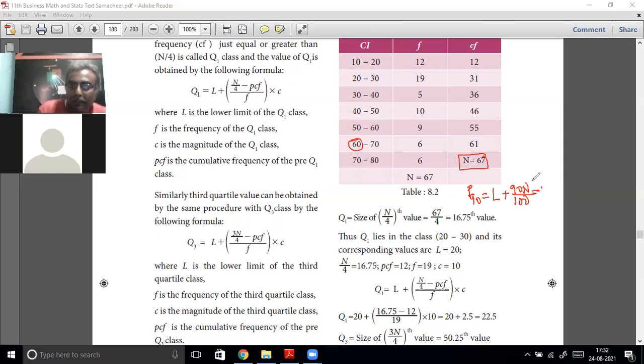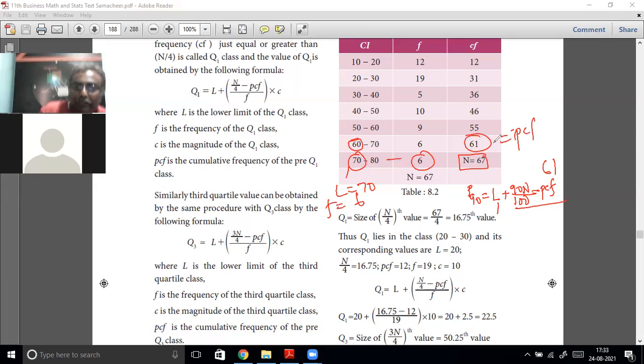PCF is the value for this class. Lowest value 70, so L will be 70. Its previous cumulative value is 61, so minus 61 here, divided by frequency. The frequency is 6. F is equal to 6. PCF is equal to 61.